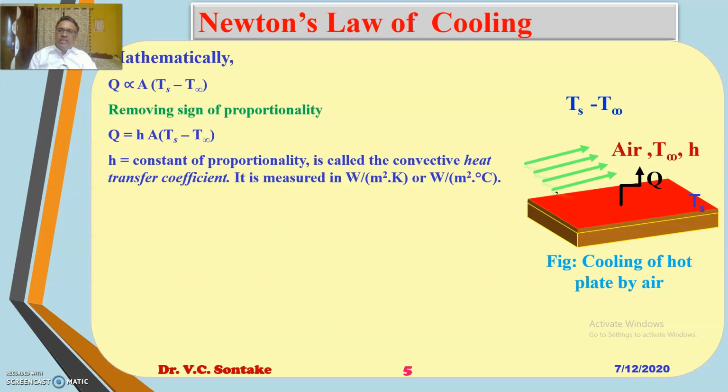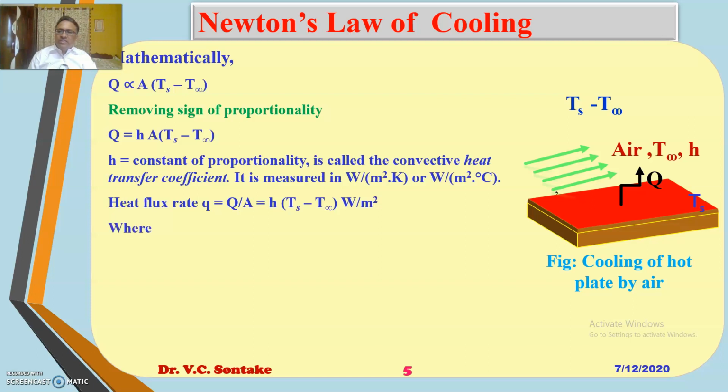So whenever we are taking a difference, it hardly matters whether you take degree Celsius or Kelvin. Similarly, the heat flux rate, small q, which is the heat transfer rate per unit area, is equal to h (Ts minus T infinity) watt per meter square.